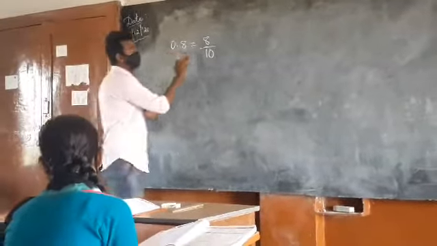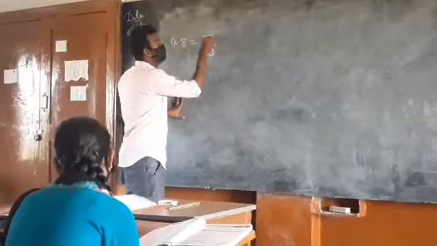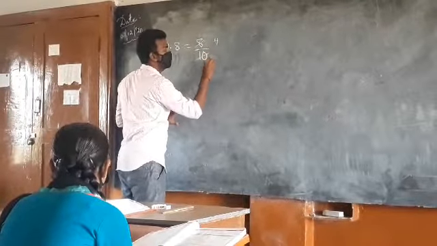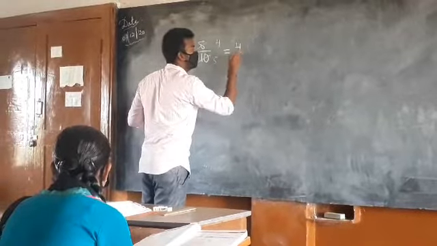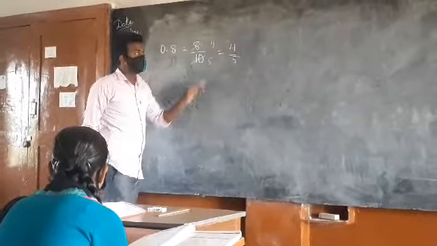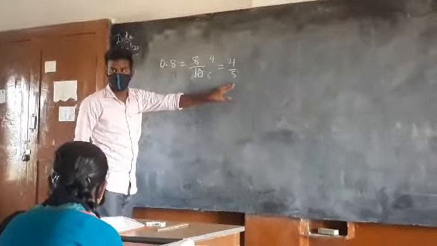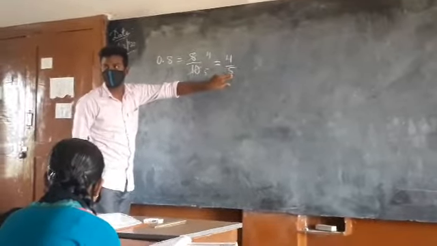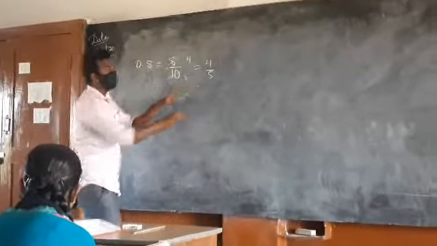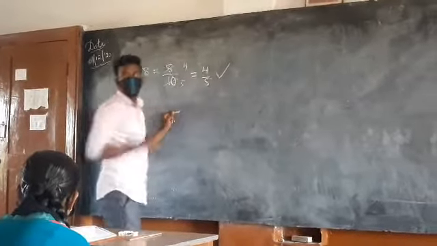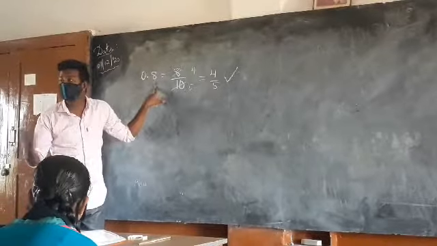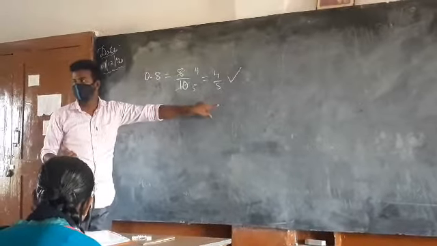Okay, 0.8 equals 8 by 10. Simplifying it, 2 fours are 8, 2 fives are 10. So this equals 4 by 5. This is in the form of P by Q. 4 and 5 are integers. Q, which is 5 here, is not equal to 0. So this is a rational number. So we have converted a terminating decimal into a rational number.